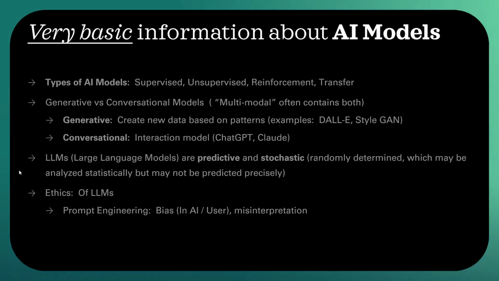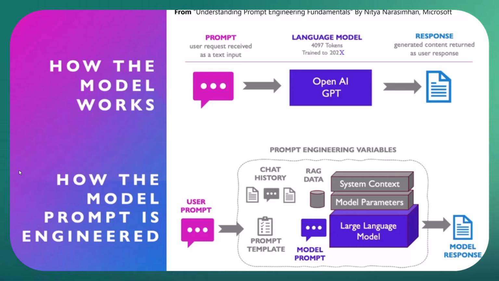Okay, let's move on. This image is from Understanding Prompt Engineering Fundamentals. It's a Microsoft course. I put it in the reference links. Basically, what we want to learn is that we generate prompts, it goes through a large language model, and it generates a response. Now, what we want to do is understand this process a bit more.